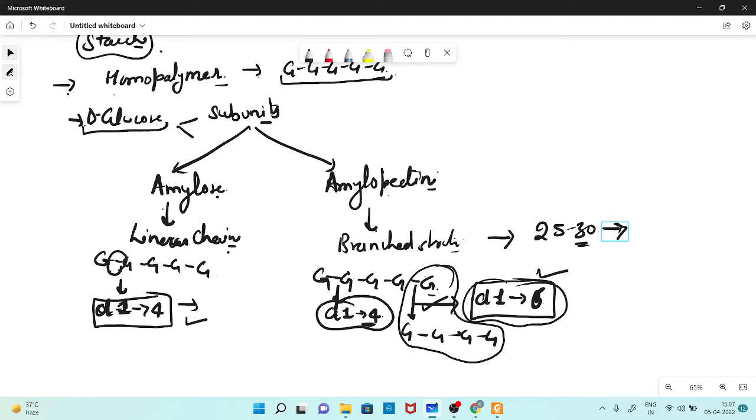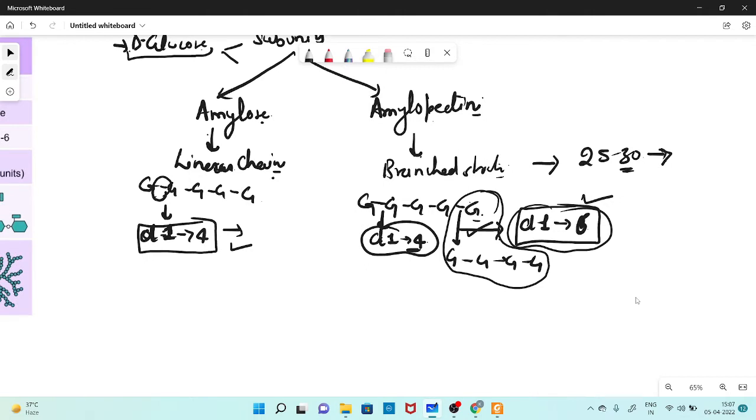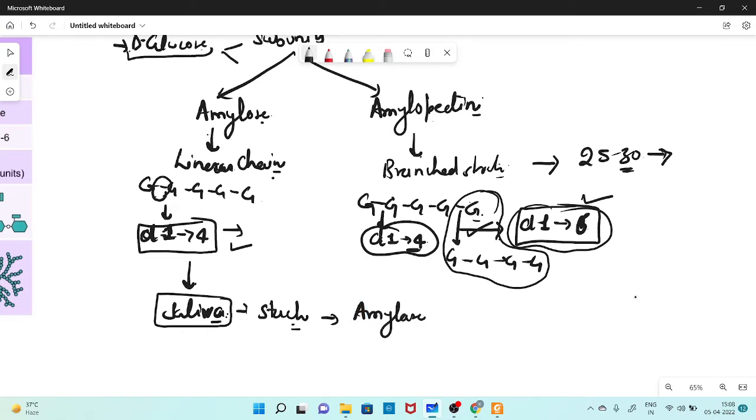Right? Now let's discuss the enzymes which actually degrade amylose and amylopectin. Amylase is actually present in the saliva, so when we consume starch, it starts to get digested in our mouth by the enzyme amylase. Amylase is of two types, alpha amylase and beta amylase.